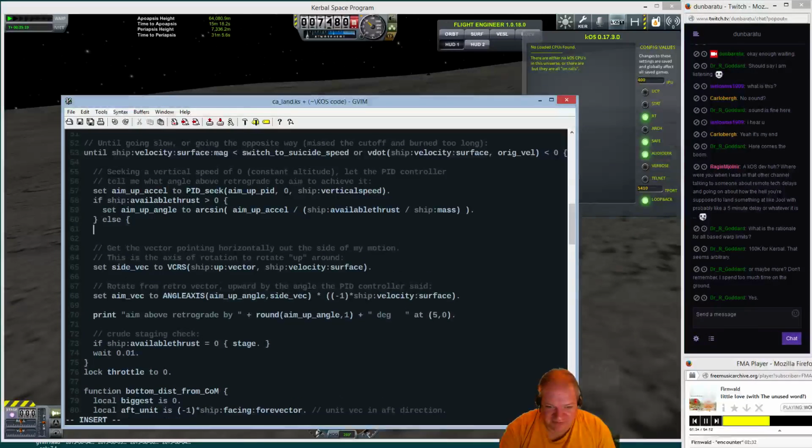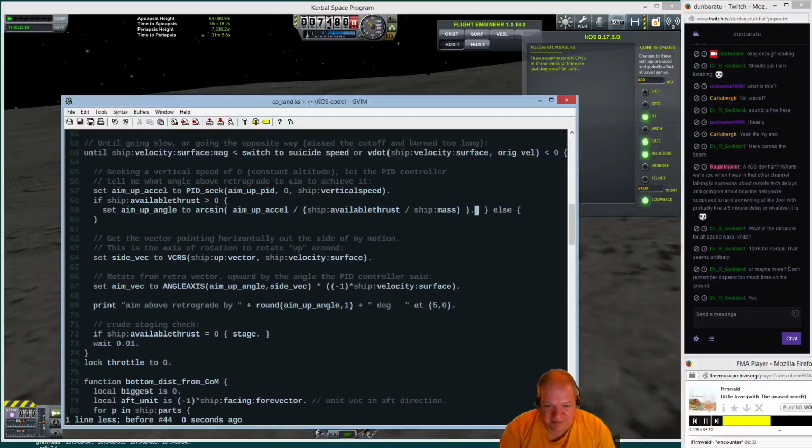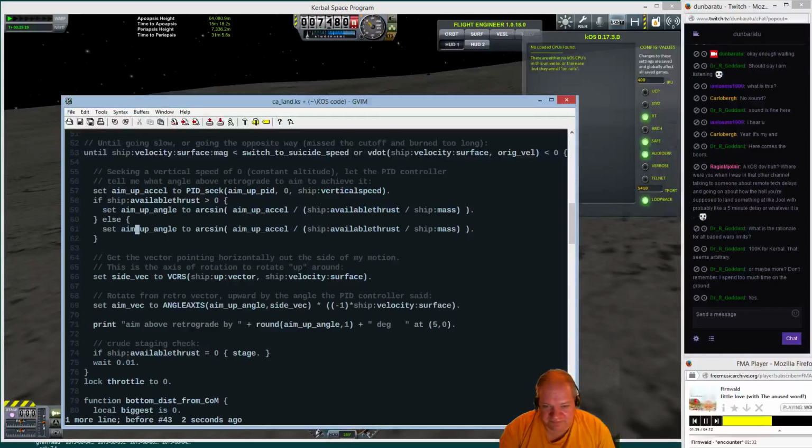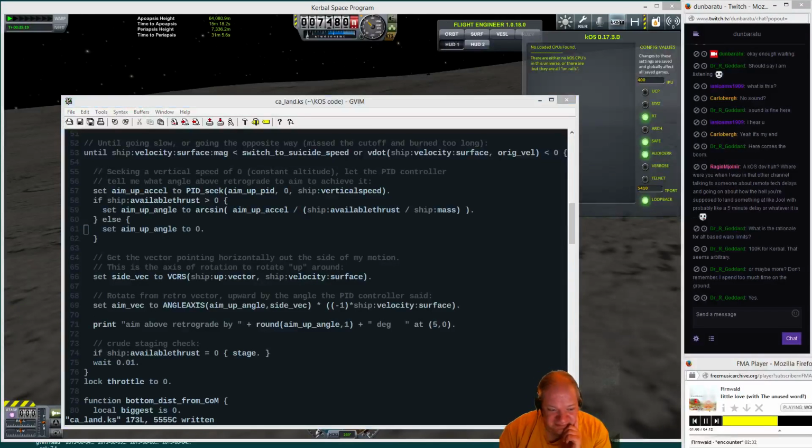Protect against the divide by 0. Hardcode that until such a time as it wakes up and does the staging, and then this should work fine. Alright, so that fixes that divide by 0.